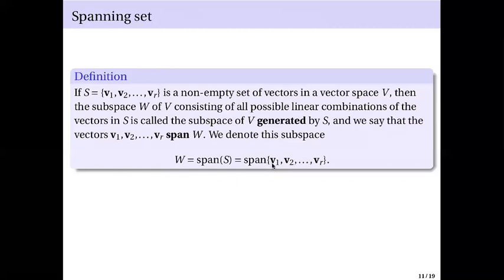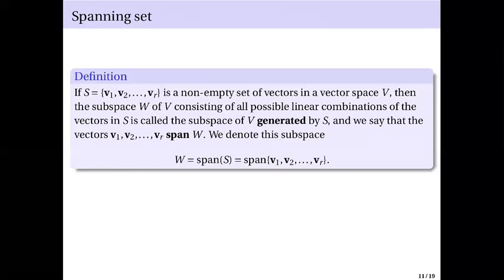So the span of a set generates a bigger set. The span of objects v1, v2 until vr will generate another set, and that set becomes a subspace.